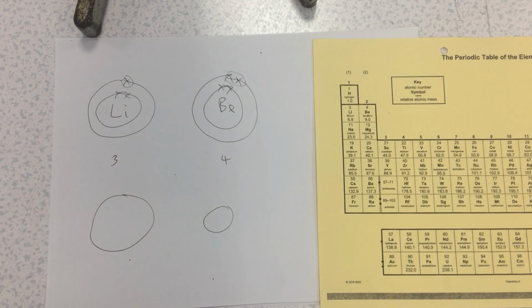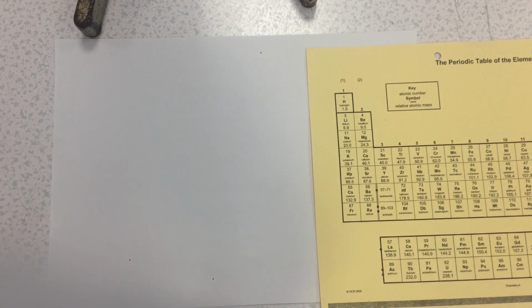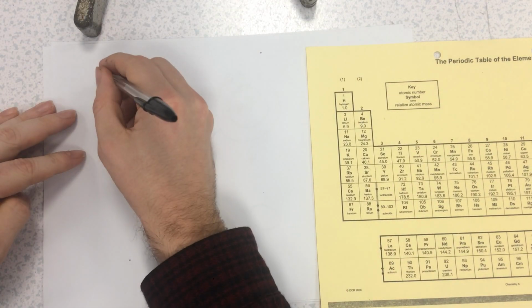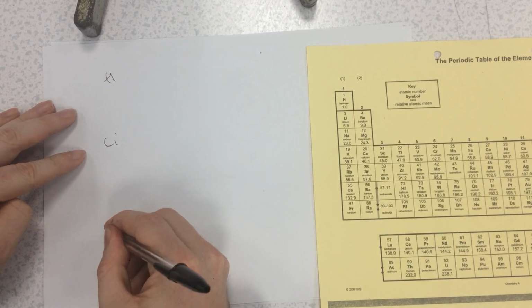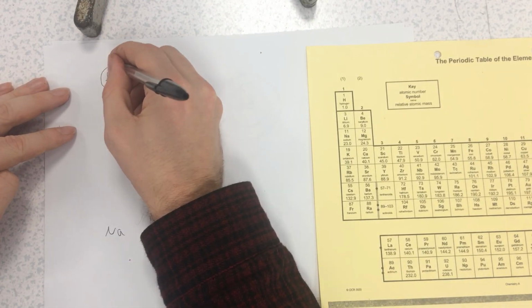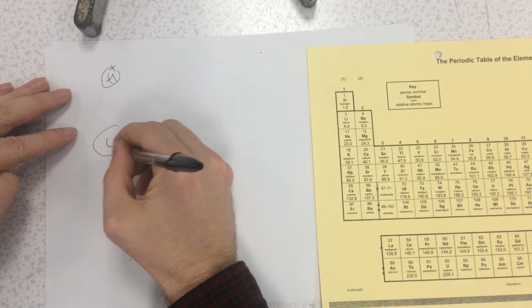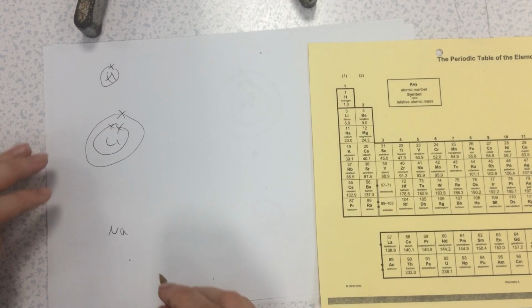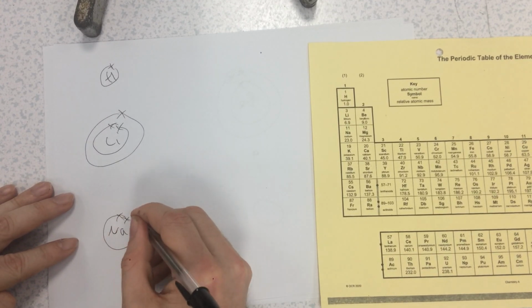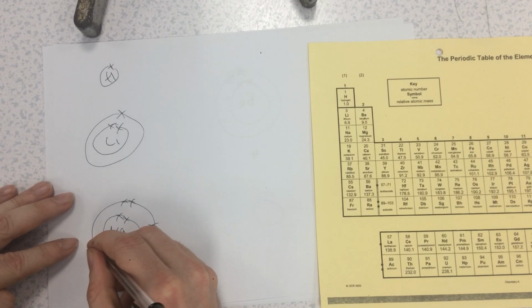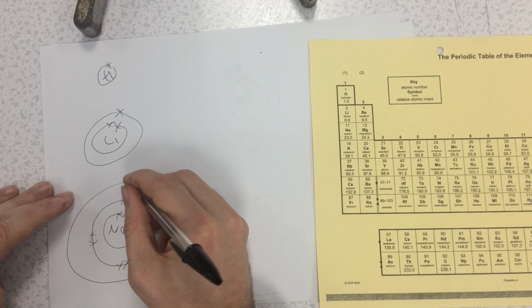Okay. We've also got our atomic radius down a group. Now, down a group, if I look at hydrogen, lithium, and sodium, well, hydrogen has just the 1 electron. Lithium has 2 in its first shell and then 1 in the outer. And sodium has 2 in its first shell, then 8, and then 1.